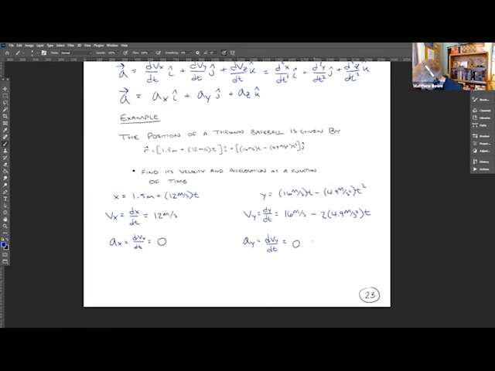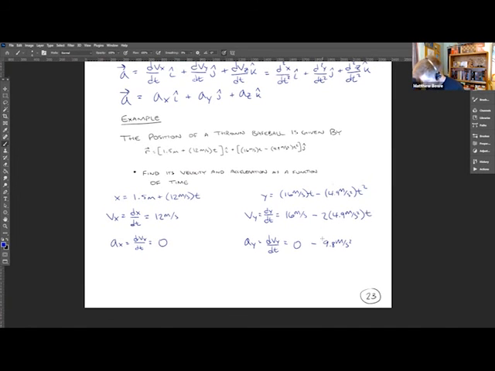So that is 0 minus, there's only one t, so it's going to be 2 times 4.9. That's 9.8 meters per second squared. All right, so we have our velocity and our acceleration.